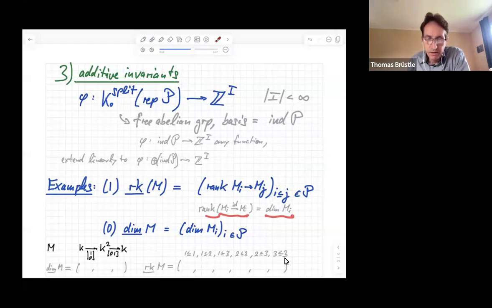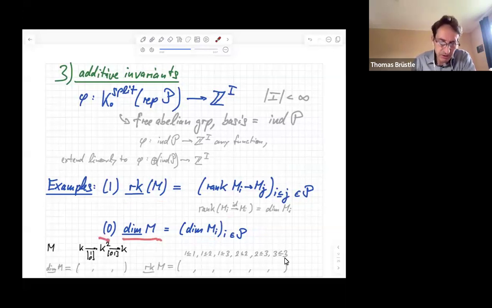So this rank invariant contains, in particular, all the pointwise dimensions. Calculating the rank vector, we compute in particular as a subvector the dimension vector of the module, the classical dimension vector of the module.